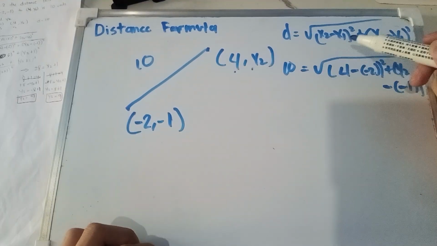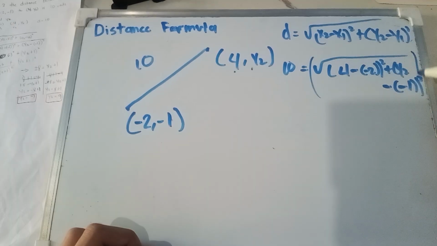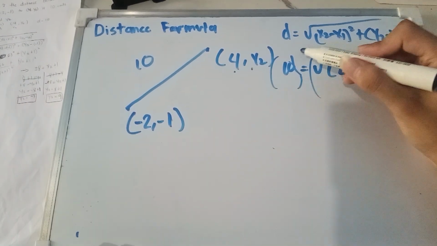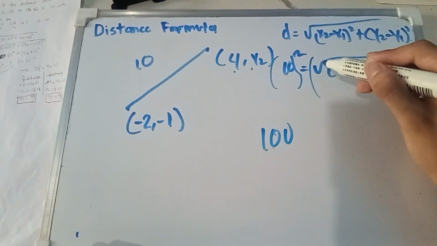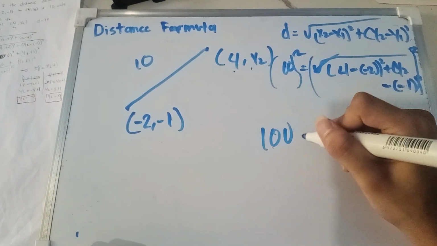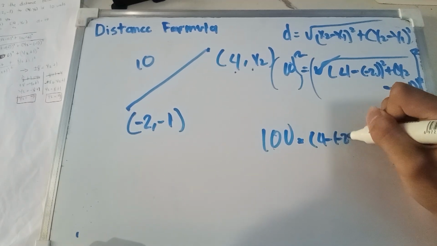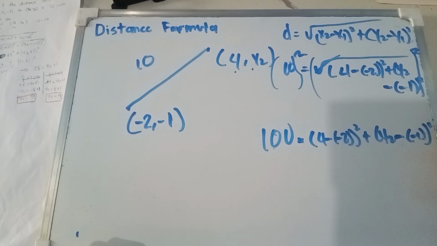To cancel the square root, we can square both sides. So 10 squared is 100, and we just cancel the square root here. So it will become 4 minus negative 2 squared plus y sub 2 minus negative 1 squared.